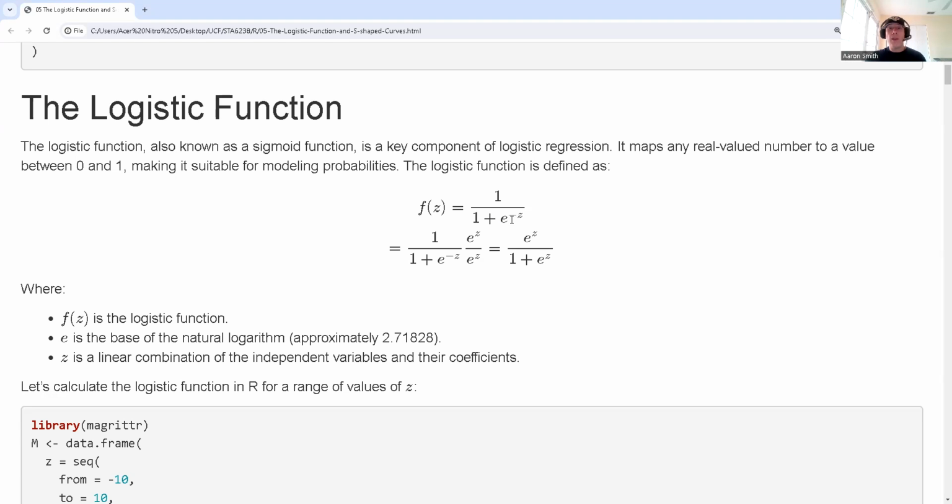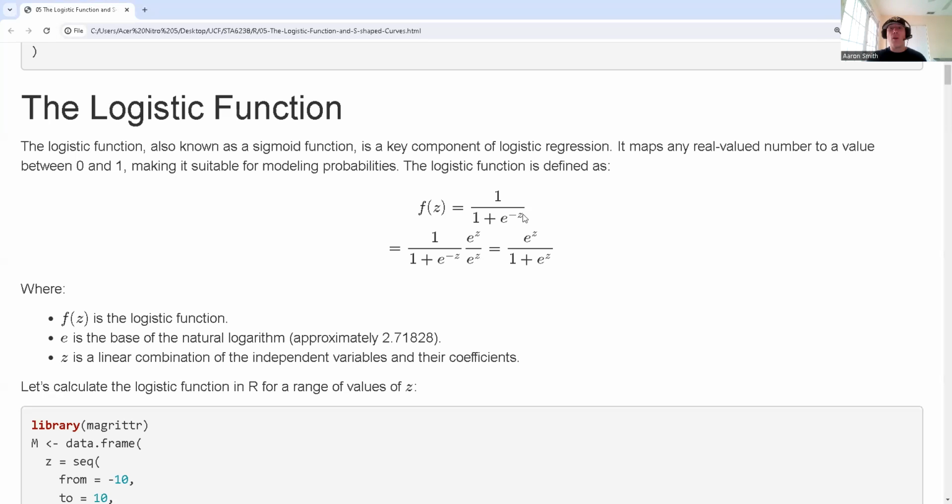If it's very small, then the denominator is just a little bit more than 1. If I divide 1 by something a little bit more than 1, I get something a little bit less than 1, but close to 1.